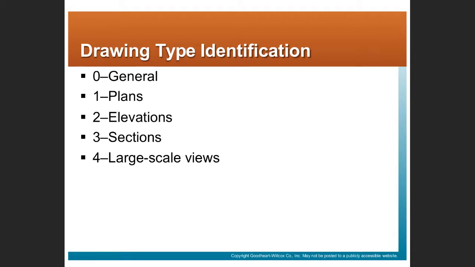Right, so again, we might have A1 dot something something something, right? So architectural, 1 for plan, and then plans being sequentially numbered. Again, that might be a typical way that the drawings are identified, and hopefully this is all spelled out on the title sheet. So you as, let's say, a contractor looking through that set of drawings, you know where to find the information you're looking for.